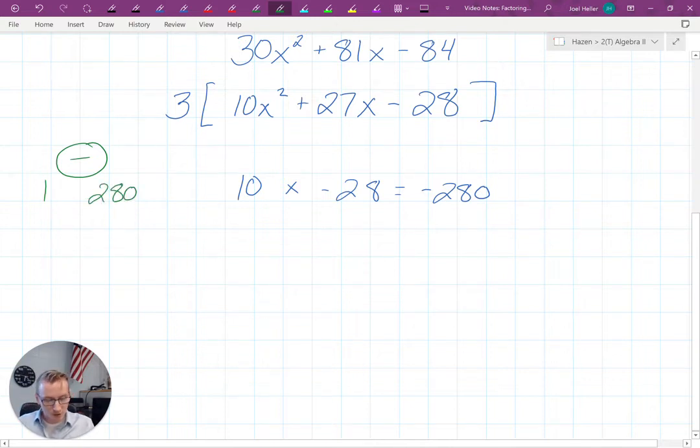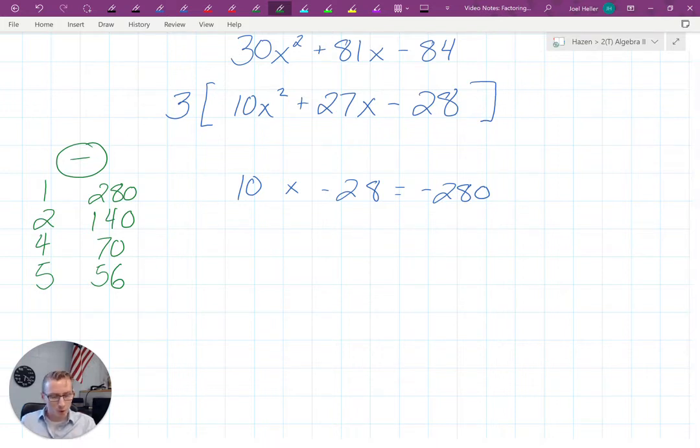That doesn't have a difference of positive 27. 2 and 140. Still too big. Let's see. 3 doesn't work. 4 and 70. 5 is going to be 56. The difference between 5 and 56 is 51.